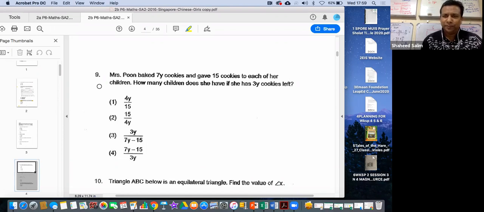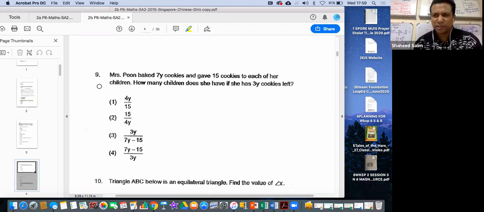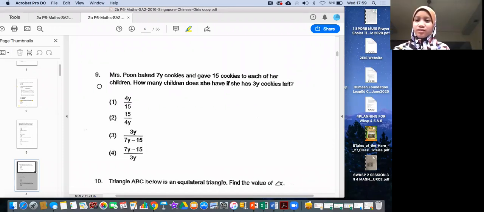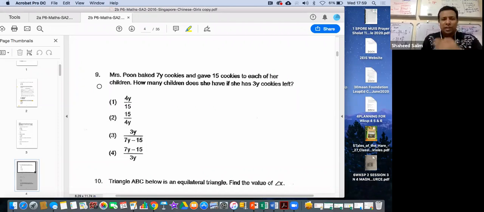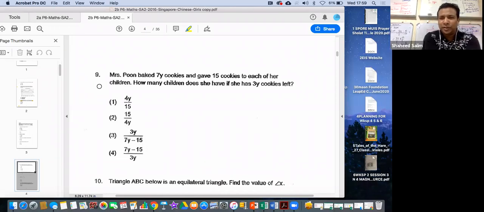I already finished except for 6, 7, 8. But 6, 7, 8 is quite easy, right? Is it easy or difficult to you? Okay, let's check. This one you say the answer is number 4. Maybe you're good in algebra. 4 also. Okay, good. Now waiting for both Raihana and Zahira.